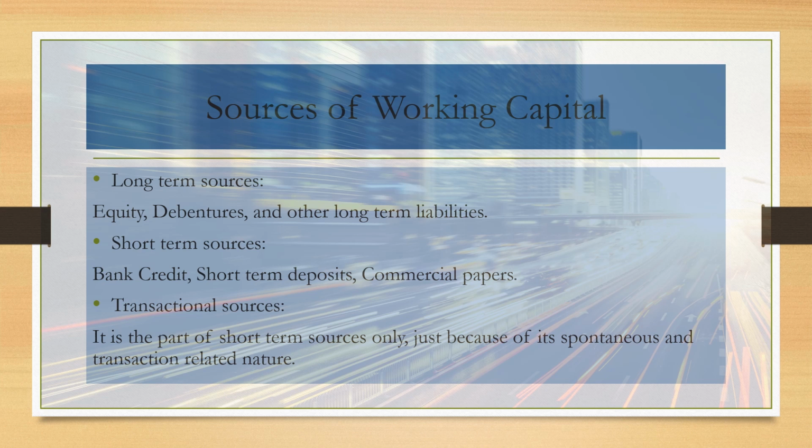Next, we'll see sources of working capital. Long-term sources, short-term sources, and transactional sources. Long-term sources are obtained from equity shares, debentures, and other long-term liabilities. Short-term sources are obtained from bank credit, short-term deposits, and commercial paper. So these are the long-term sources for working capital, and these are the short-term sources. Now we'll see what transactional sources are. It is a part of short-term sources.